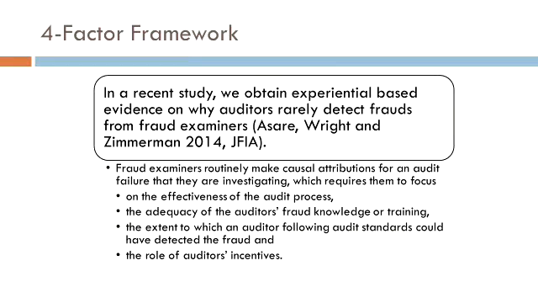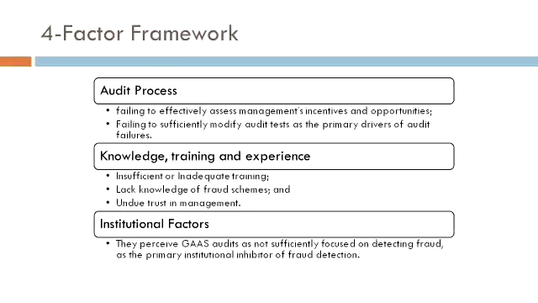First, with the audit process, they identified 2 things which probably would not surprise any of us. One, they say, notwithstanding that the audit standards say auditors should identify the fraud triangle, opportunities, motivation, and so on, auditors are not so good at effectively assessing management incentives and opportunities.